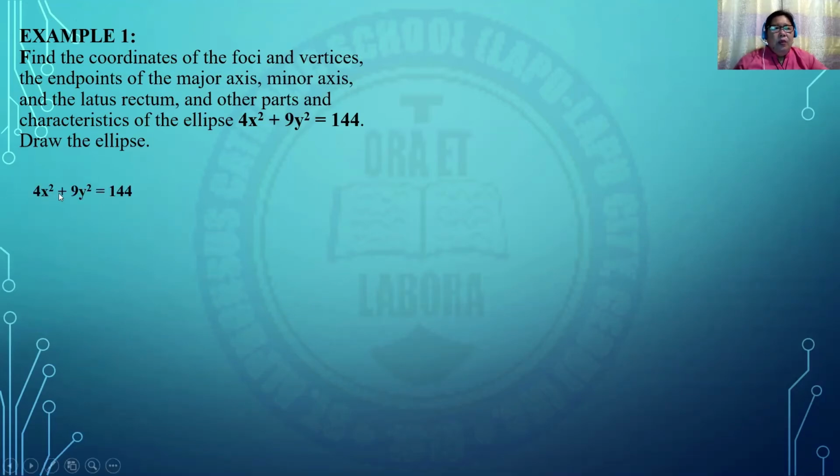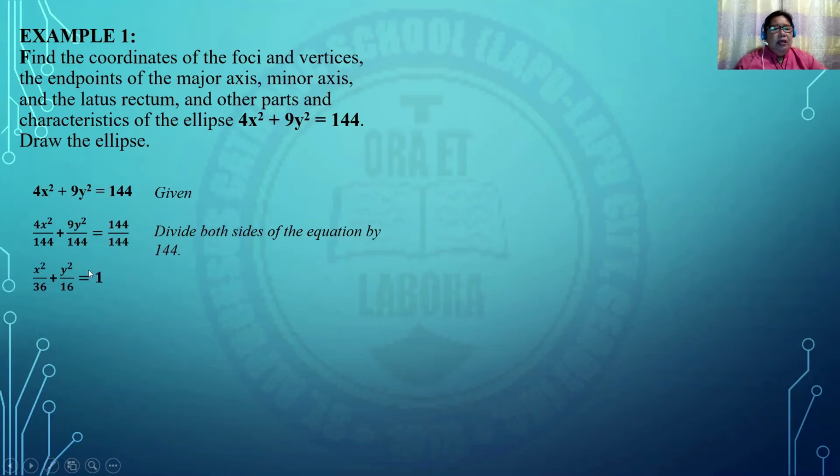You have to divide both sides of the equation by 144. So we have 4x squared over 144 plus 9y squared over 144 is equal to 144 over 144. And 144 over 4 is 36, 144 over 9 is 16, equal to 1.